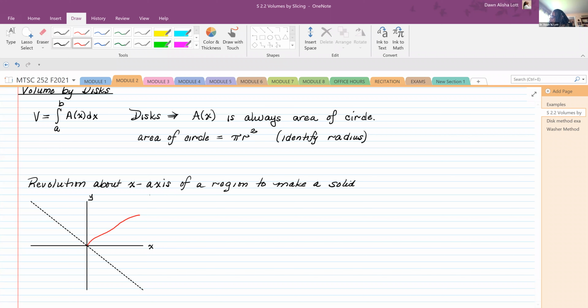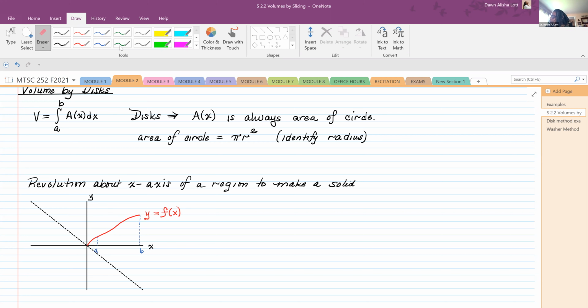This is the curve y is equal to f of x. Now let's select a value. We're going to go between some a and b. It doesn't have to be 0. It could just be here. Let me make a there so it's not necessarily 0.